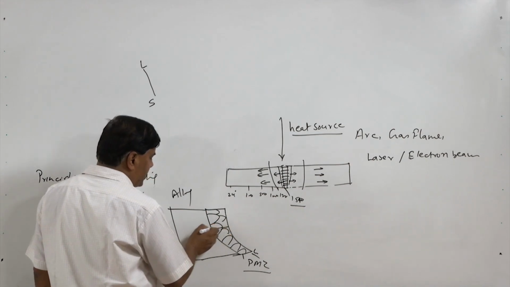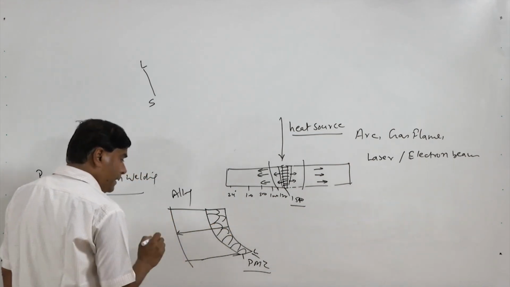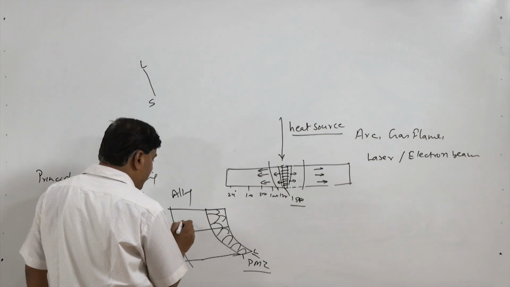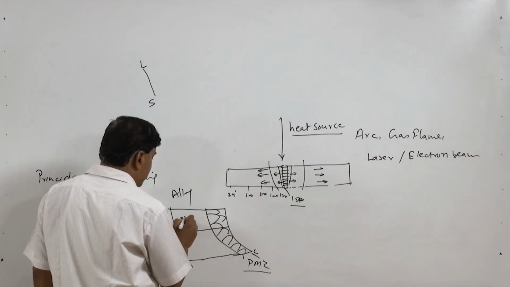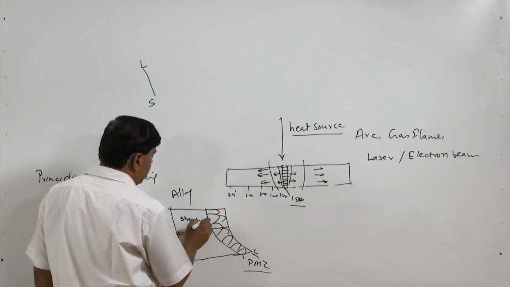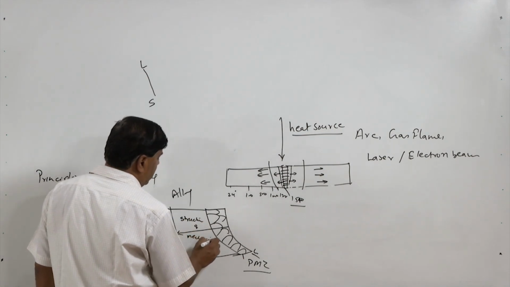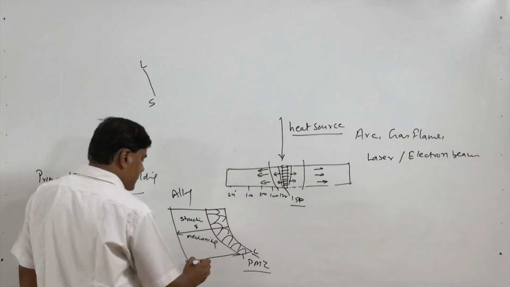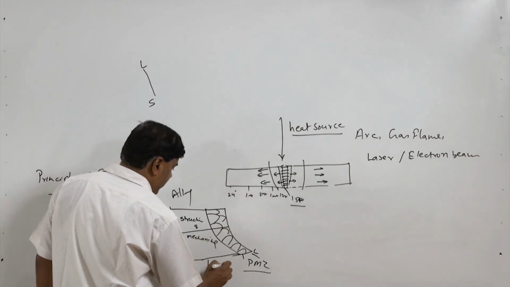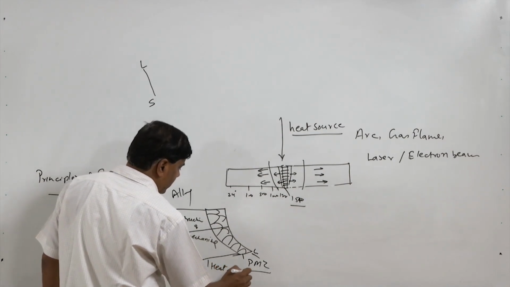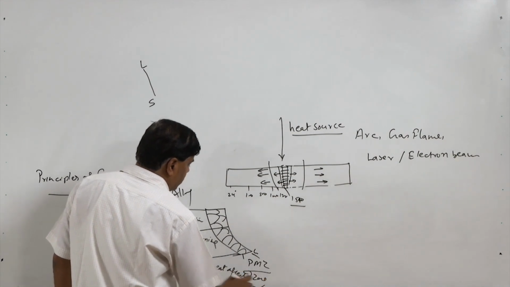So, all that distance up to which the metal is subjected to the variation in structure and mechanical properties, all that zone is termed as heat affected zone.